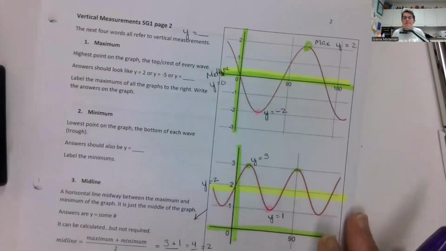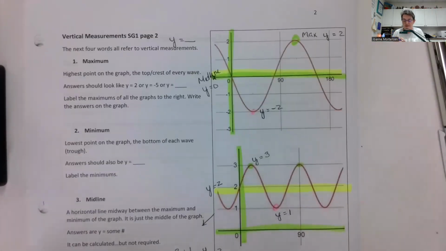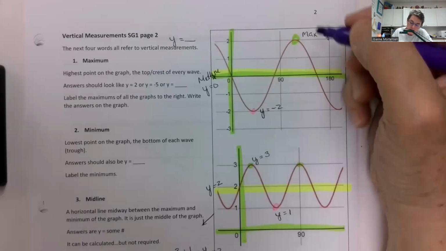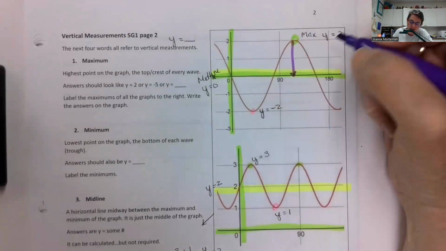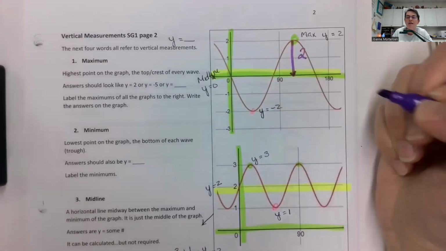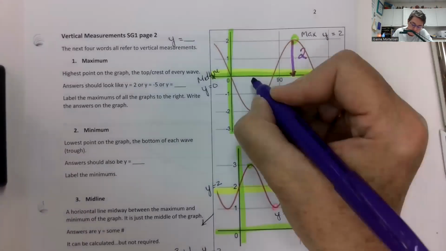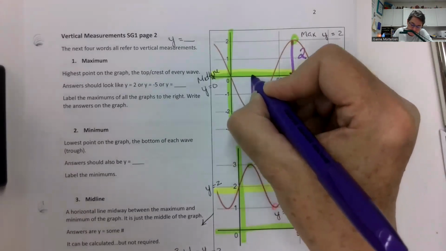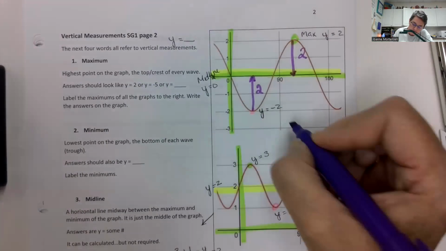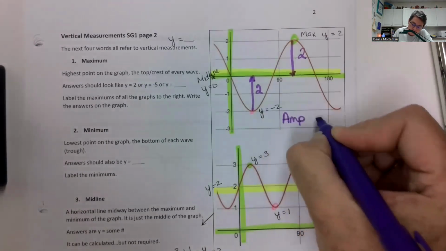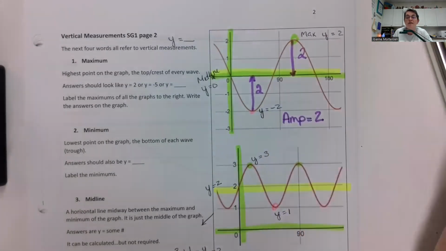So we already talked about this. If I start at my maximum, and I go down to my midline, that's 2. If I start at my minimum and I go up, it's 2. Amplitude is always a positive number.